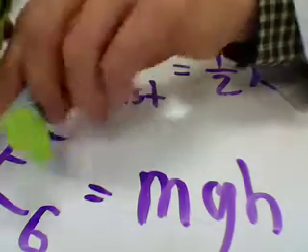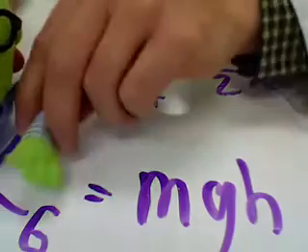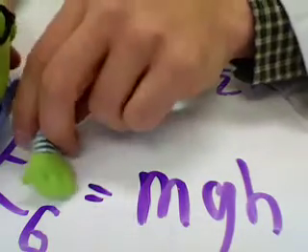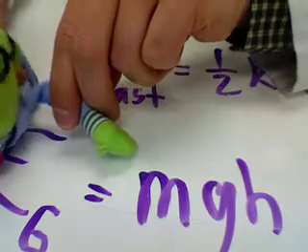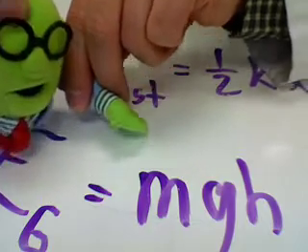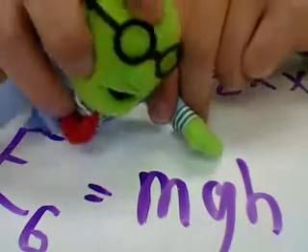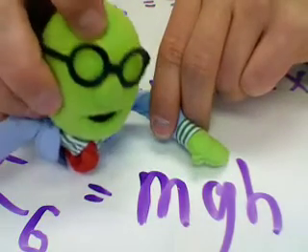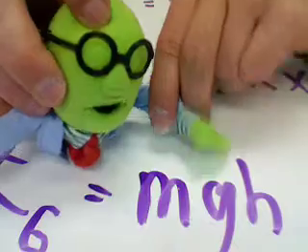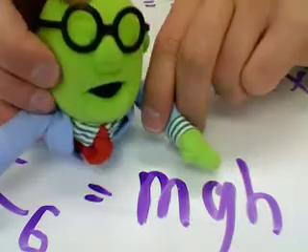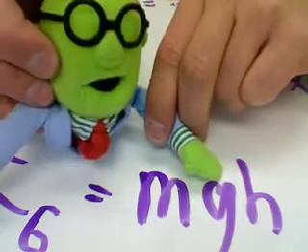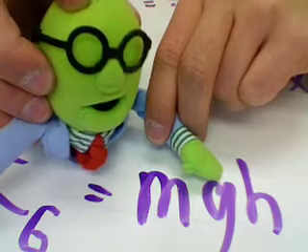So E for energy, G, even though it looks kind of like a 6, that's a G for gravitational. This is easily calculated by just doing mass of the object times gravitational field strength, which for the Earth is 9.8 newtons per kilogram, times h, which is how high the object has been lifted.